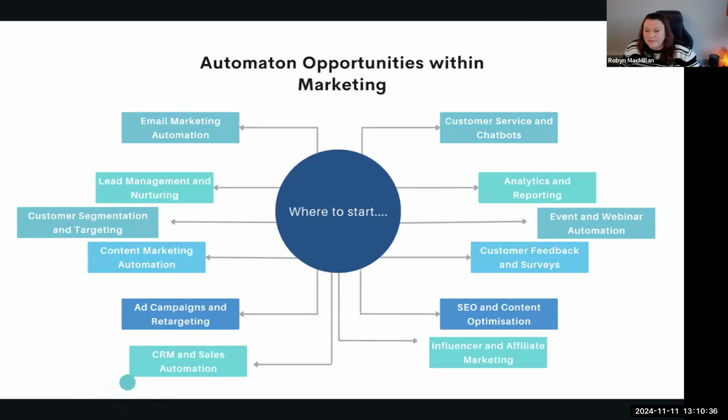And then influencer and affiliate marketing, so actually automated outreach, tracking and reporting of affiliate sales, payment automation. So by integrating these automated processes into marketing efforts, it can help you operate much more efficiently. You can do so much more with the same time. Yeah, you can be nurturing 10, 15 leads instead of 1 to 2, for example.